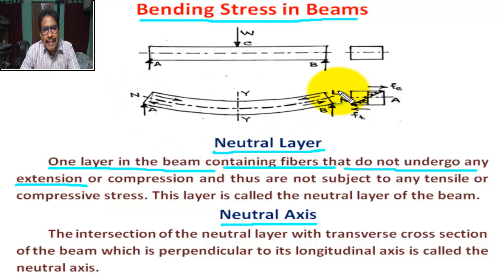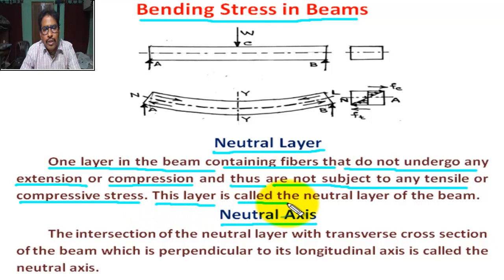In NL there is no extension or compression, thus they are not subjected to any tensile or compressive stress. At NL there is no tensile or compressive stress. This layer is called the neutral layer of the beam.